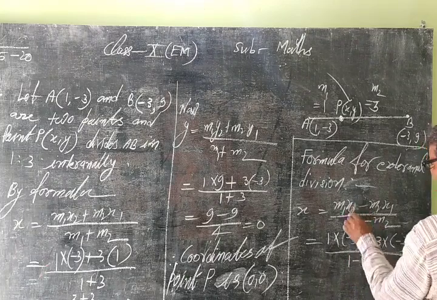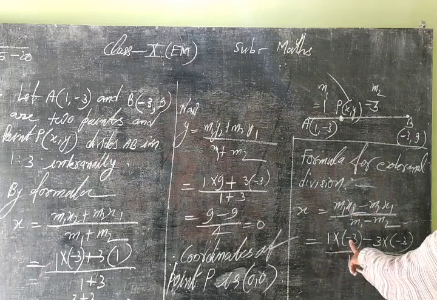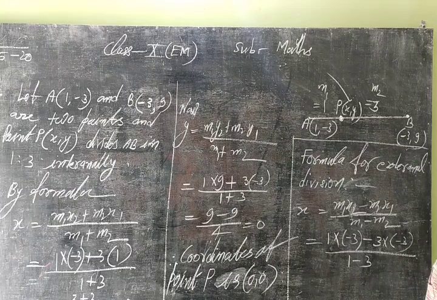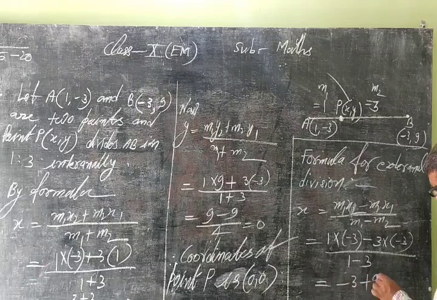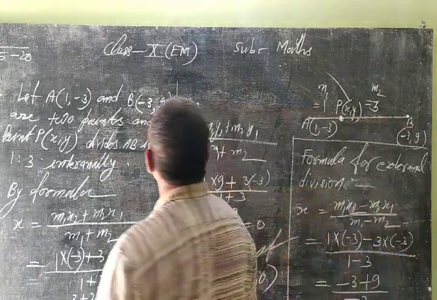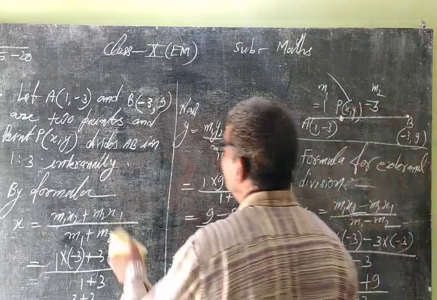फिर से देखिए बेटे, ये 2 है, m1 x2, तो m1 1 x2 minus 3 minus m2 3 x1 upon 1 minus 3 equal to (-3 minus 3) upon -2 equal to 6 upon -2 equal to -3, and like the same we will find out the y coordinate also.